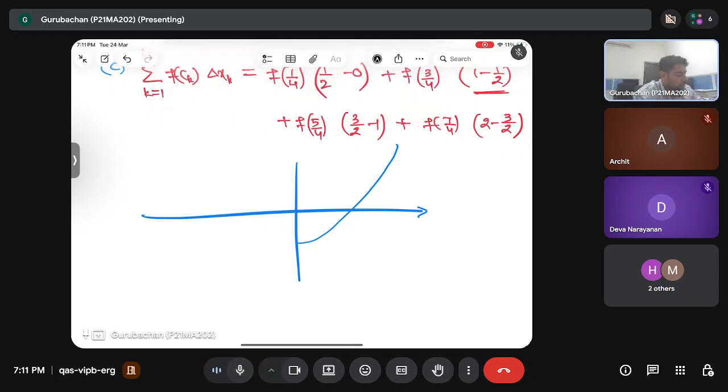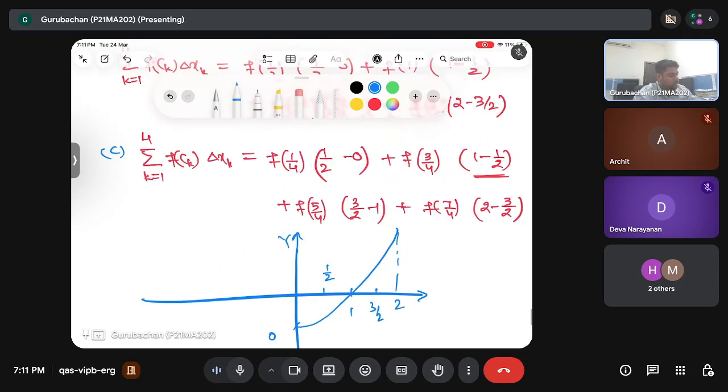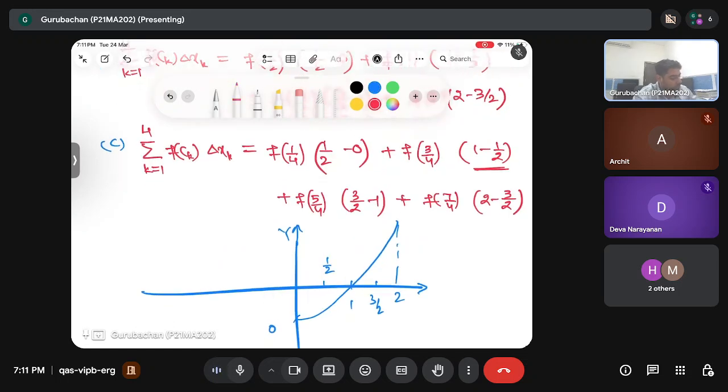So now we can continue. This is your y-axis, this is your 1, this is your 0, this is your half, this is 2, and this is 3 by 2. In the first subinterval, the midpoint is 1 by 4. That is like this. So this is the midpoint, and this will be your rectangle for 0 to half.